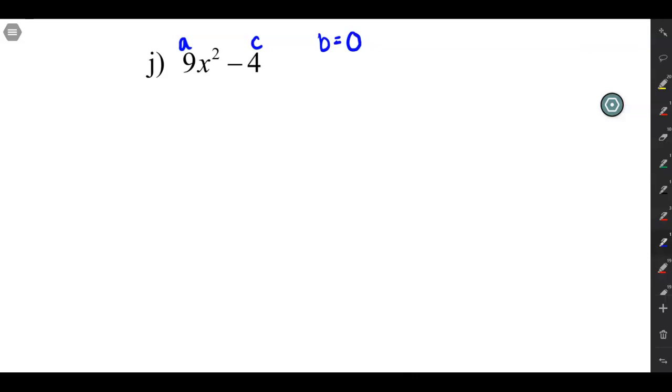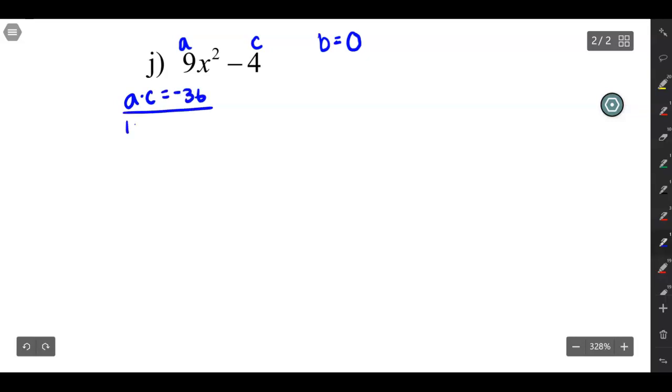So let me start working through this problem. We're still going to do a times c to get negative 36. And I'm looking for a pair of numbers that when I multiply them together, I get negative 36, but when I add them together, I get 0. That pair of numbers is 6 and negative 6, because 6 plus negative 6 is equal to 0.